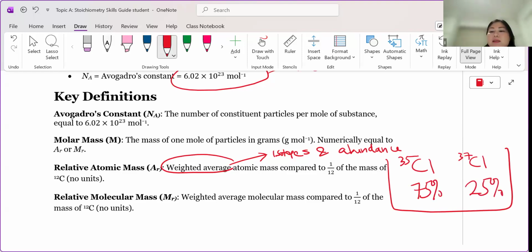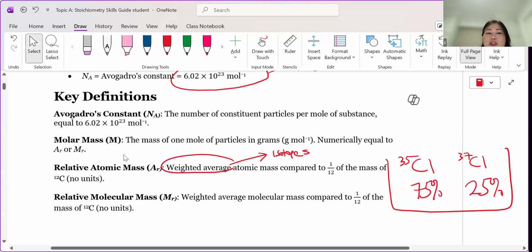So when I get a bundle of chlorine, I'm getting an average containing 75% chlorine-35 and 25% chlorine-37. So the weight will depend on the isotope mass as well as the ratio that is present. To factor that in, we call it the weighted average of the isotopes. Okay, weighted average of the atomic mass of the isotopes compared to 1/12 of carbon-12. So that's the definition of relative atomic mass.